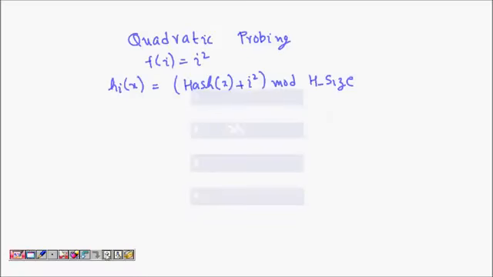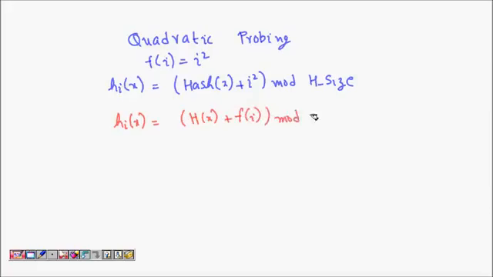What will that alternate location be? It is given by h_i(x) = hash of x plus f(i), in the closed hashing system, where f is a function.